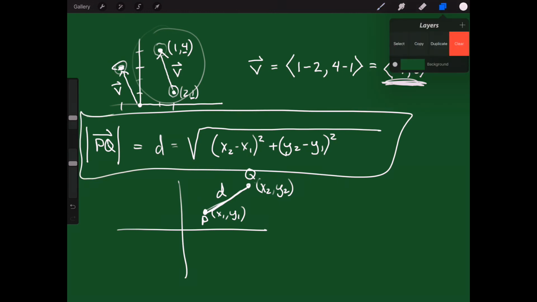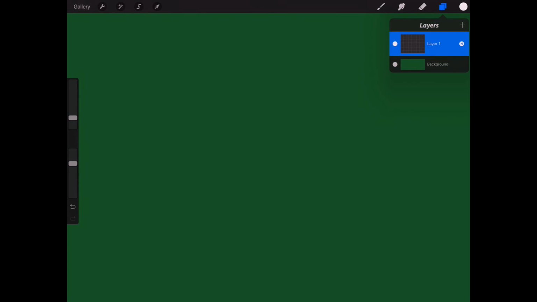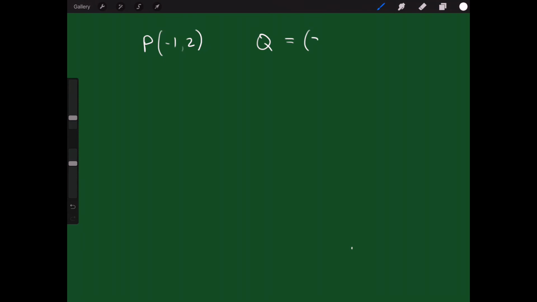Let's just try one really quick so you can see how this works. Let's say that I have a vector where the point P is at -1, 2, and the point Q is at 3, 3. Then let's find the length of the vector PQ.